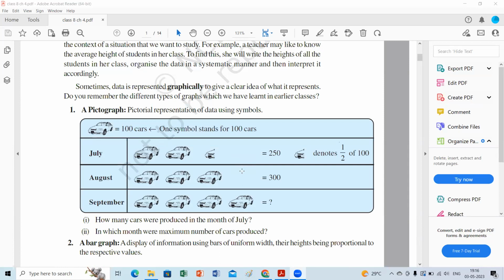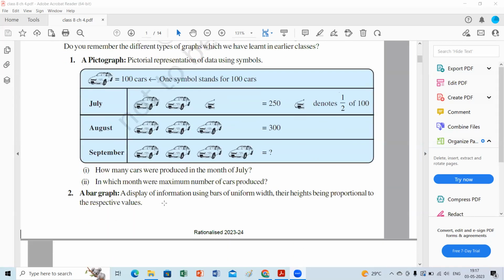Because through pictures we are representing data here. If you want to represent a part of something, like 100, at that time you are unable to take the exact part. That's a drawback. So we are going with the bar graph. Bar graph is nothing but a pictorial representation.